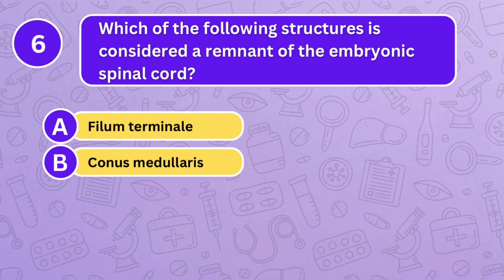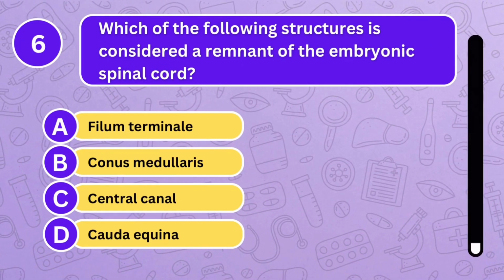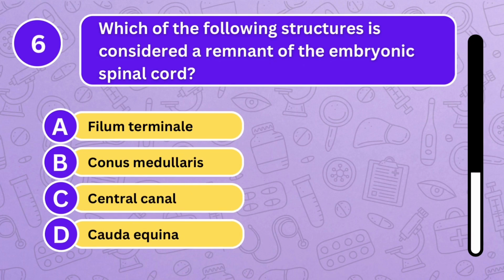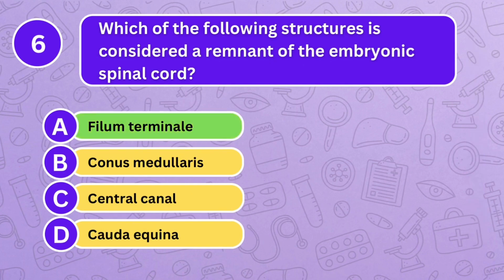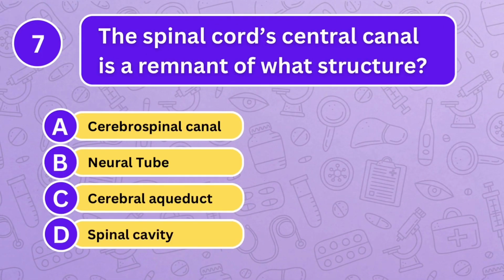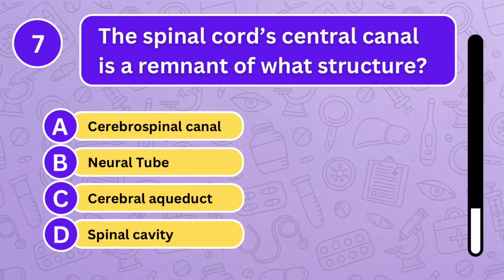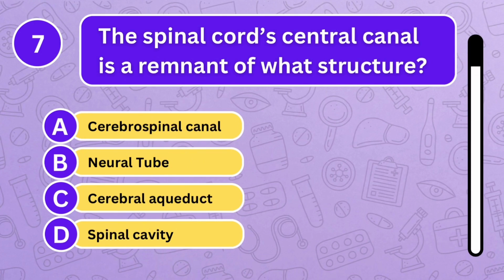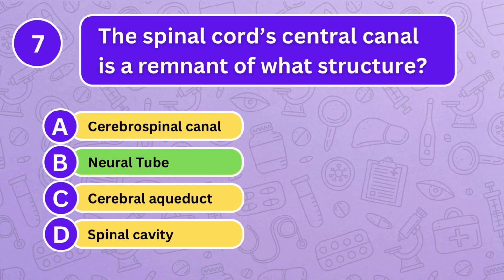Which of the following structures is considered a remnant of the embryonic spinal cord? Filum terminale. The spinal cord's central canal is a remnant of what structure? Neural tube.